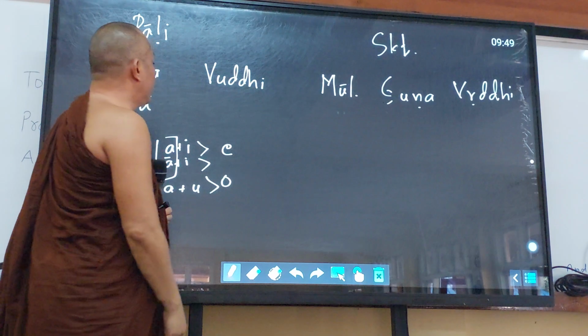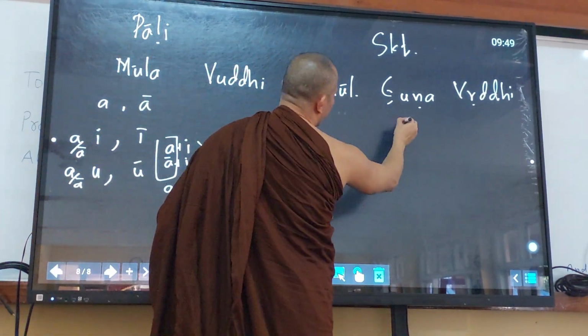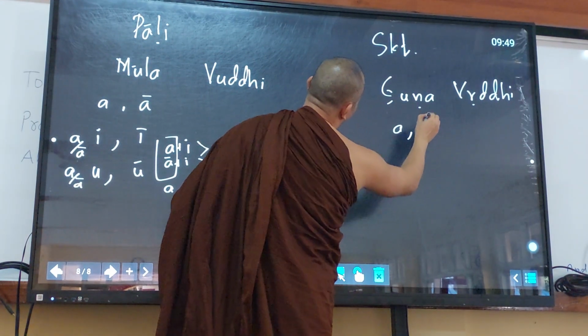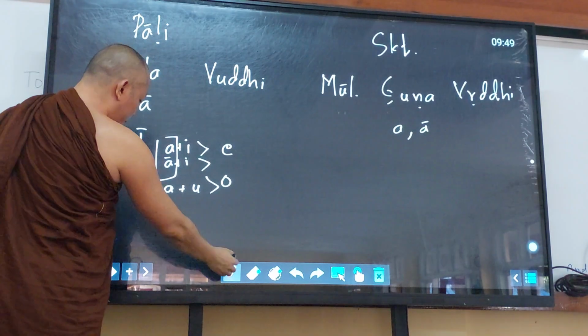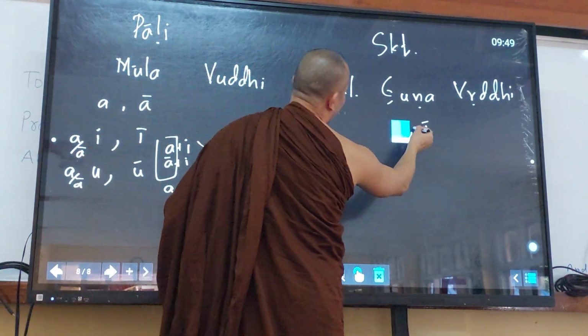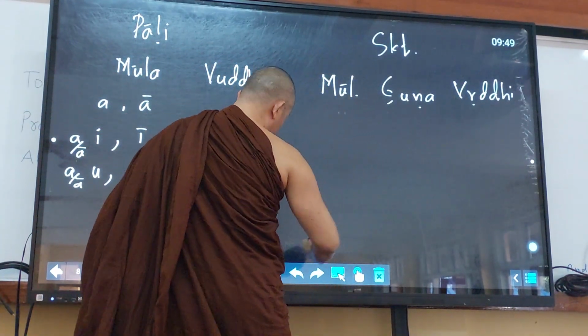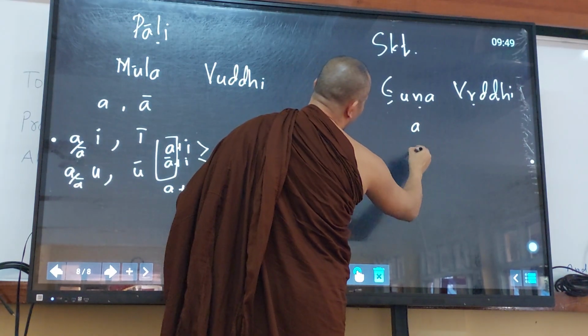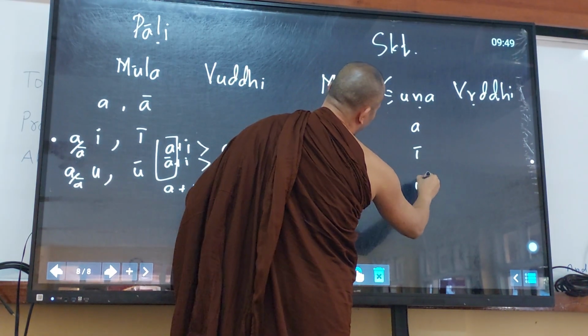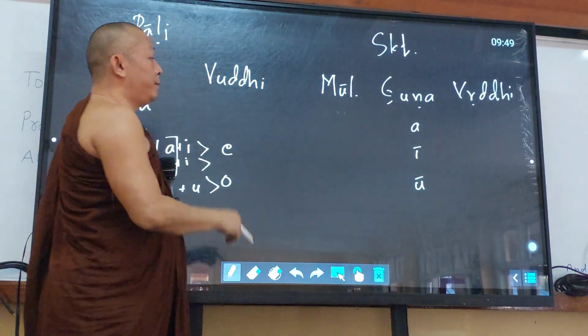For the mula stage, there is just a, i and u.